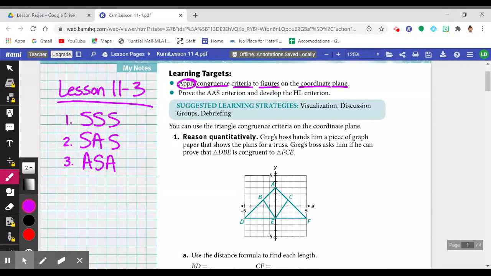So see how that works, how we can prove things not just off the coordinate plane like in 11-3 using rigid motions, but we can also use the coordinate plane to prove or apply congruence criteria as well. Then we will prove the other shortcut or the other criterion we hadn't mentioned back in 11-3, the angle side criterion, and develop the HL criterion, which we'll learn what the HL stands for and where that comes into play.